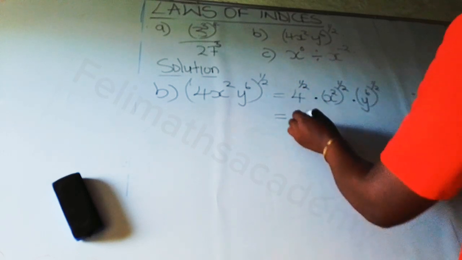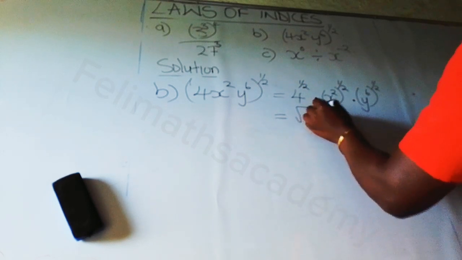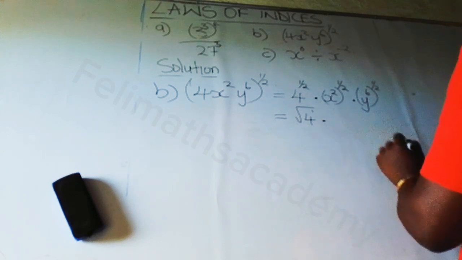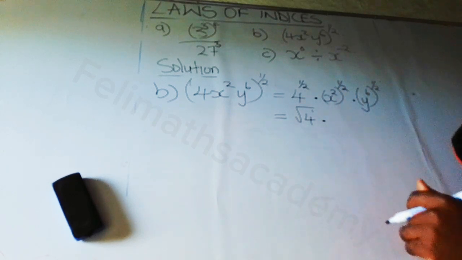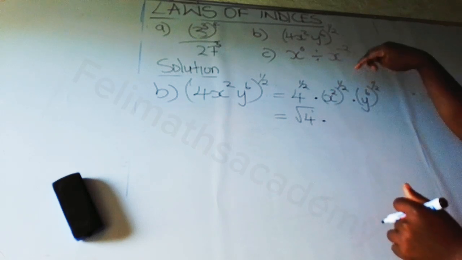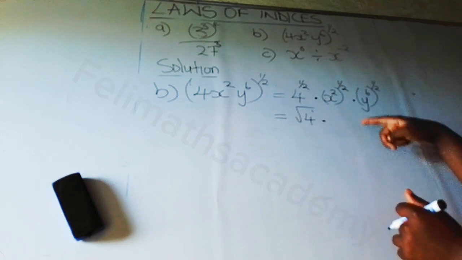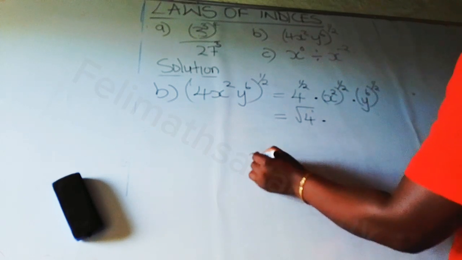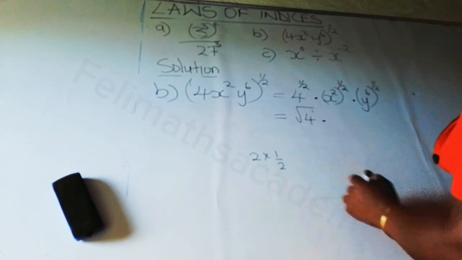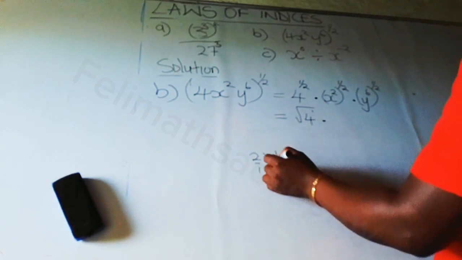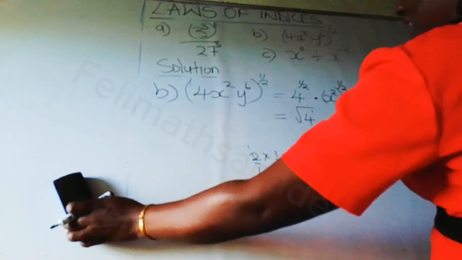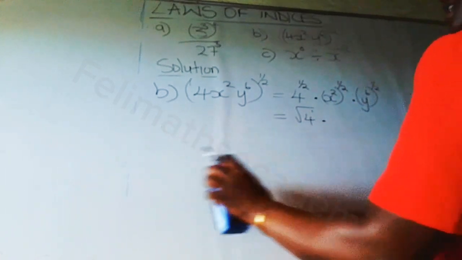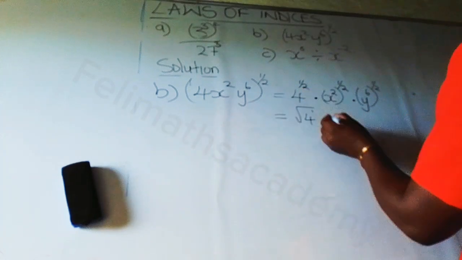So it's the square root of 4 to the power of 1 times this product of indices. We raise to the power of 2 and again raise to the power of half. So we multiply 2 times half. What is 2 times half? It's 1. So 2 times half is 1.